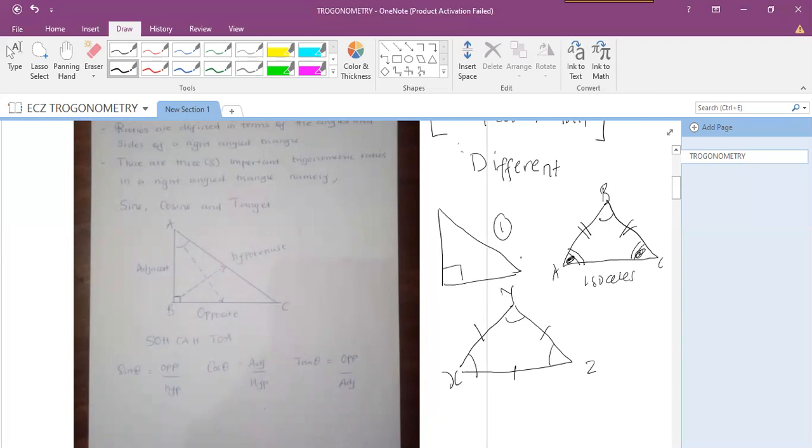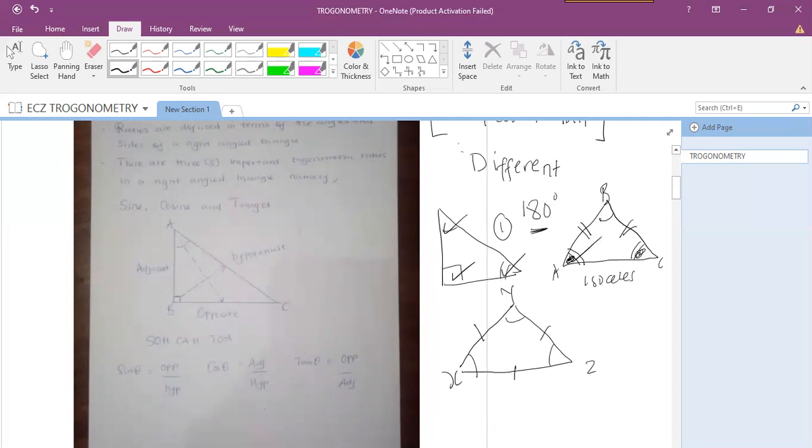And the important thing that you have to know is that all the interior angles in any given triangle add up to 180 degrees. When I say interior angles, I mean the angles that are inside. So if I added this plus this plus this in a right angle triangle, I would get 180 degrees.